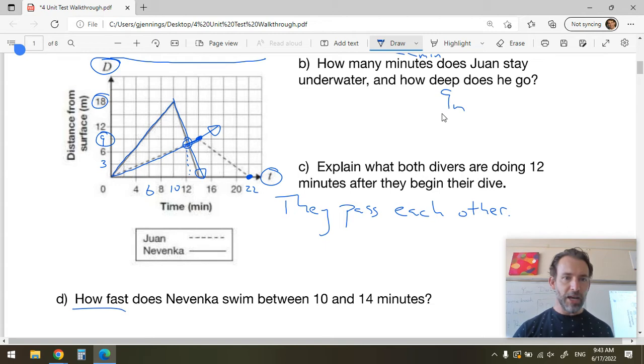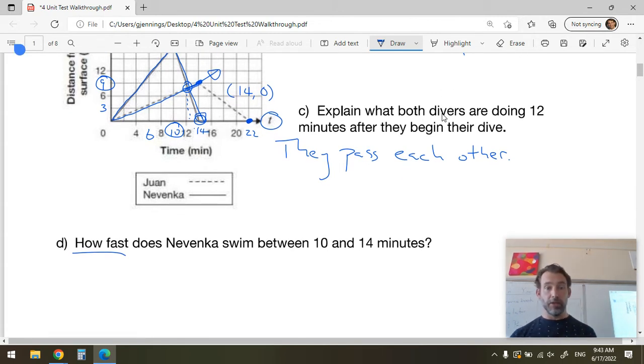So we want to know how fast she moves between 10 and 14 minutes. So that would be from this point to this point here. So we can label our points. This is the point 10 minutes, 18 meters. This is the point 14 minutes, 0 meters. And then speed will be the rise over the run.